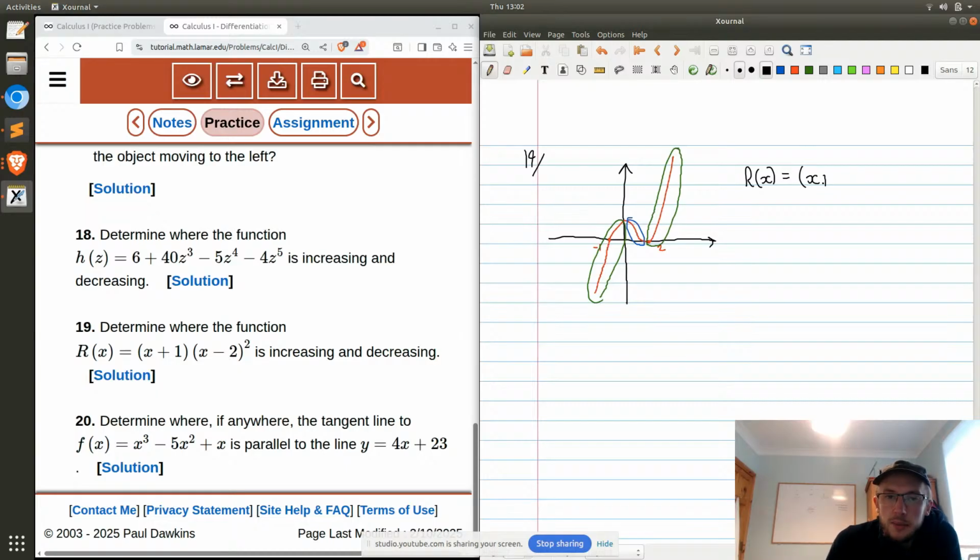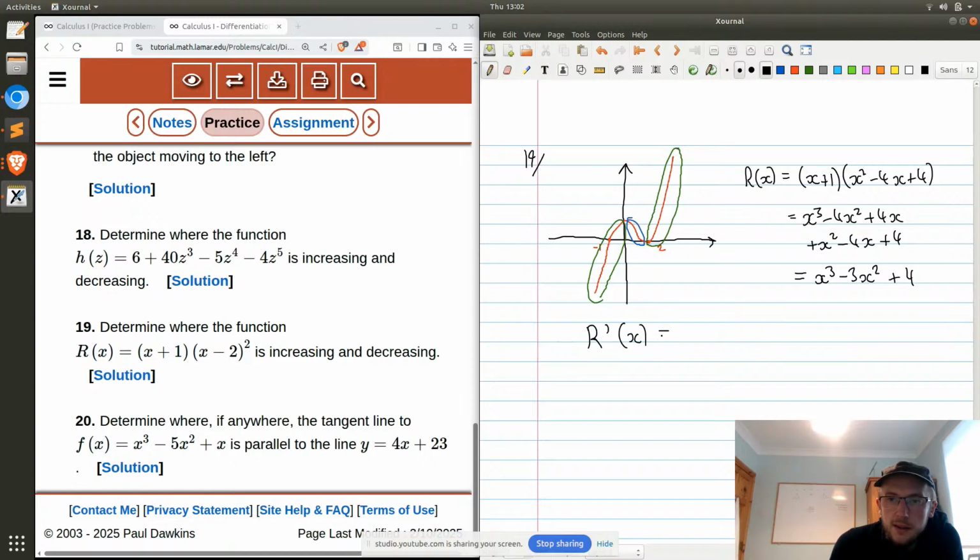Okay, x plus 1 times x squared minus 4x plus 4. And expand out, x cubed minus 4x squared plus 4x, then plus x squared minus 4x plus 4, and put it together, x cubed minus 3x squared, cancel, plus 4 there. And r prime of x is 3x squared minus 6x.